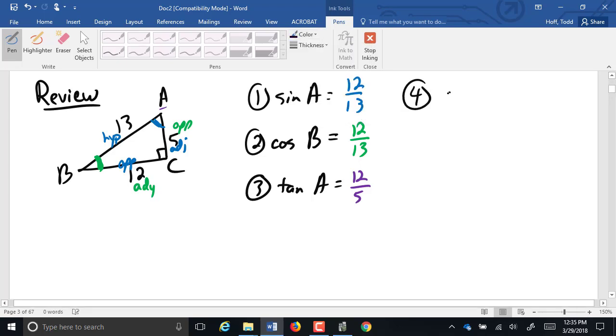How about secant of angle B? It's hypotenuse over adjacent for B, so the adjacent is the 12. 13 over 12. Cotangent of angle B?